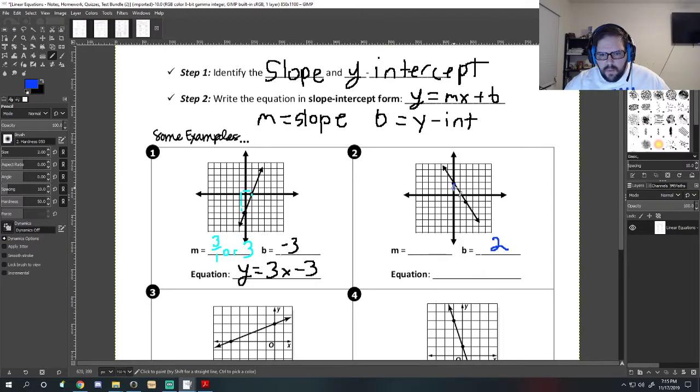So I have to go down 1, 2, 3, and over 1, 2. So that means that my slope is going to be 3 over 2, or negative 3 halves. So my equation for this would be y equals negative 3 halves x plus 2.